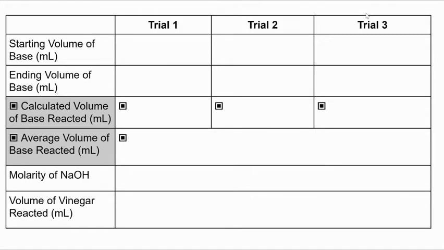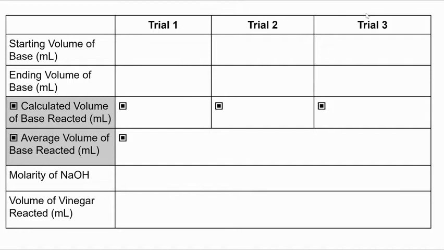So as you're watching the video today to get your virtual data set, you will need to complete the data table that's on your lab sheet. Make sure for all 3 trials shown in the video, you record not only the starting volume of base from your burette, but the ending volume of base from the burette. You'll need to calculate the volume of base reacted and then the average volume of base reacted.